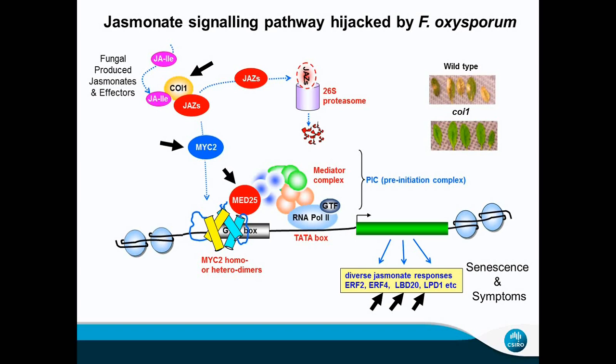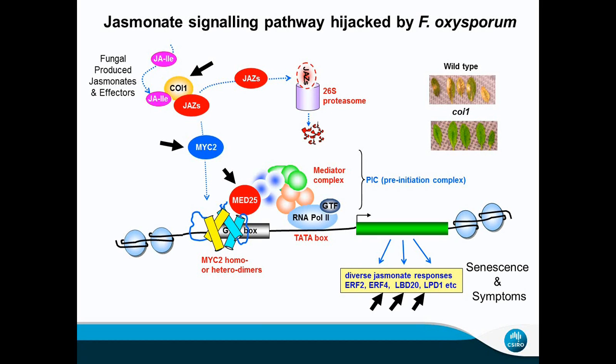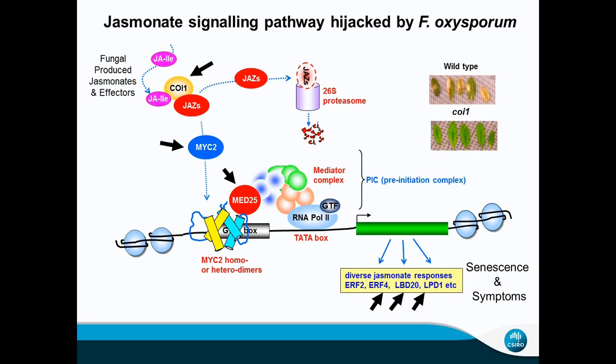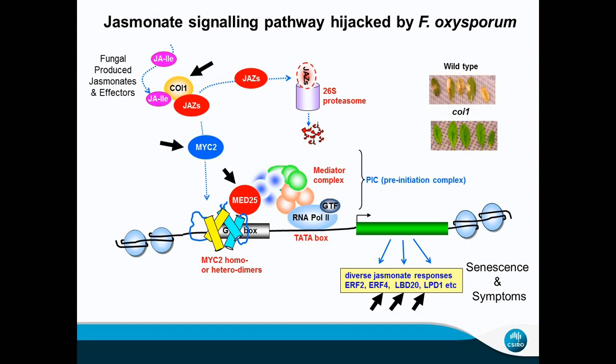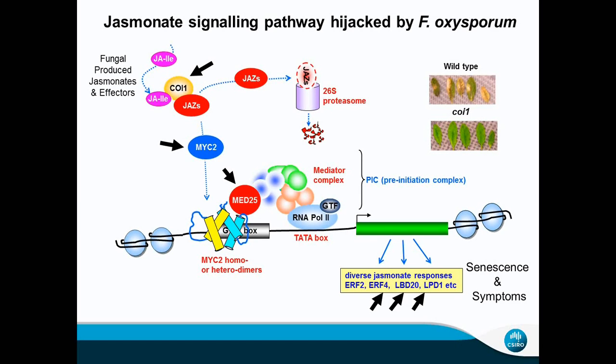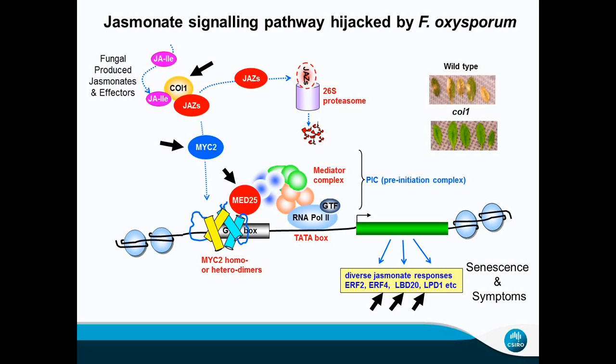What seems to be happening is that Fusarium oxysporum also produces jasmonates. It binds to COI1, activates this system, and also causes senescence, chlorosis, and those kinds of things.